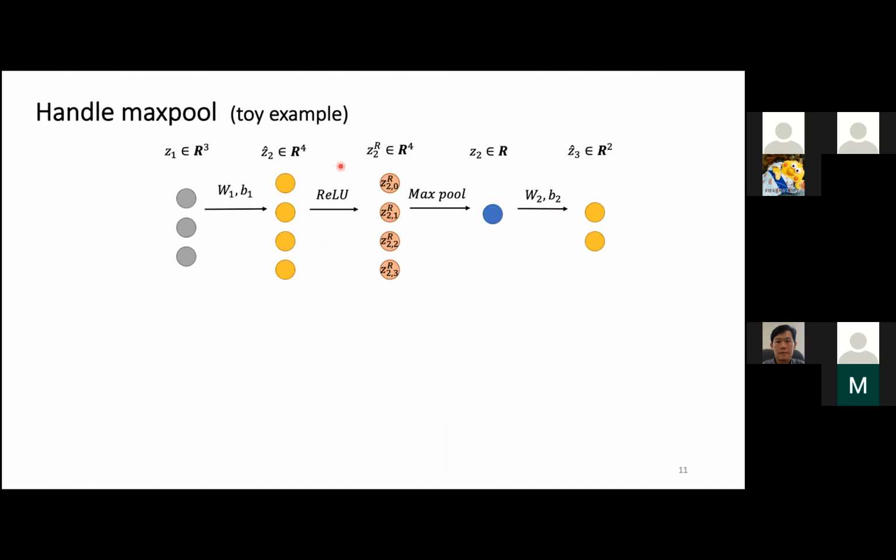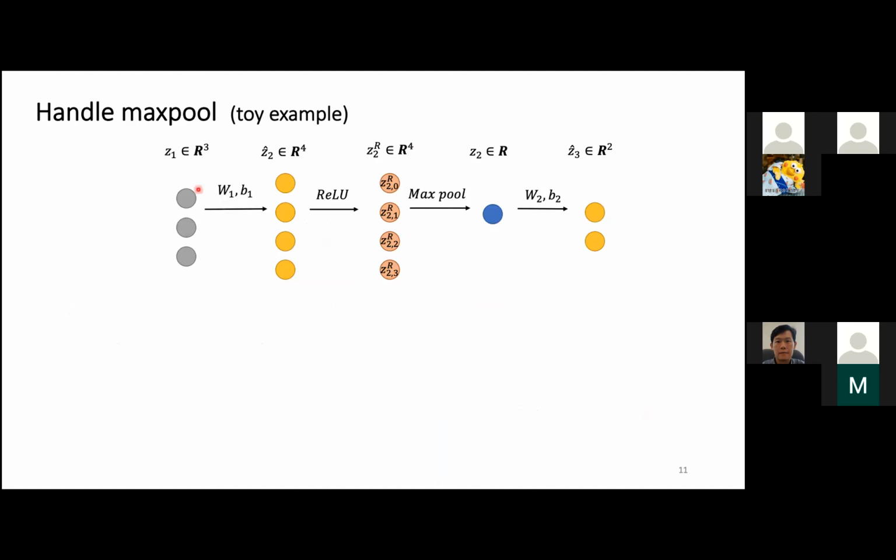So on this page, I will introduce how to deal with the max pool function and make the output polytope a convex set. And here I give you a toy example. This is a fully connected network, and in this network, it contains several operations.